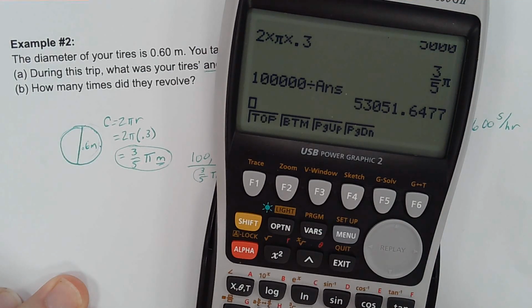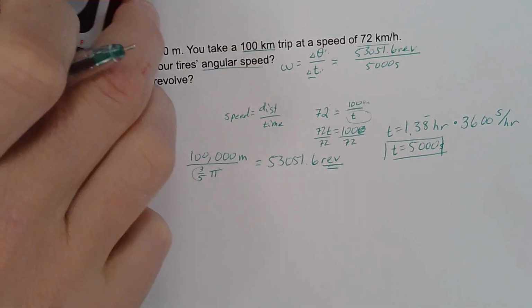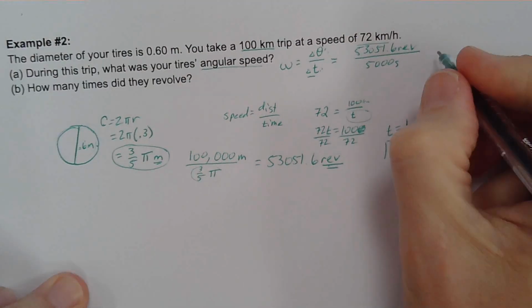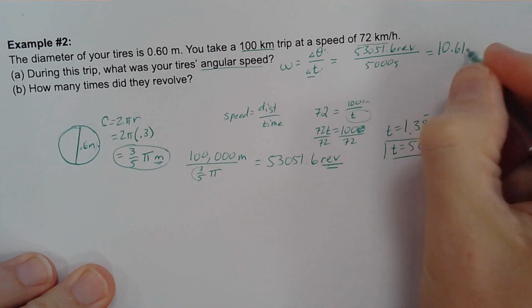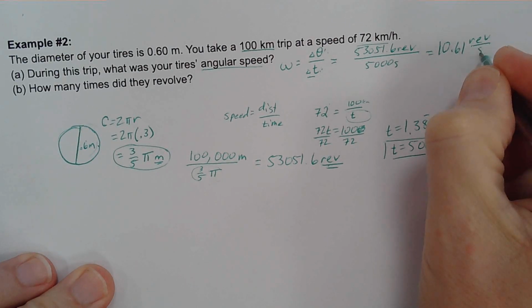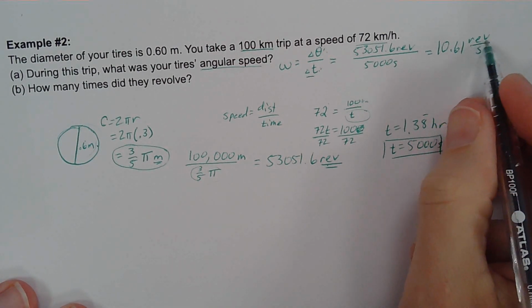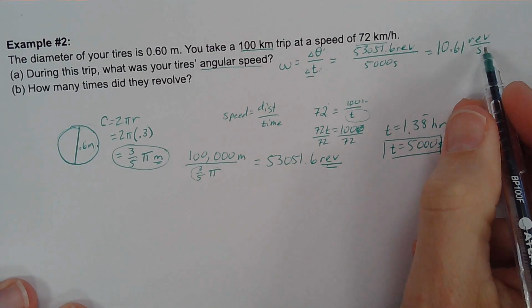So I take that, I divide by 5,000, and I get 10.61 revolutions per second. Now, if I want to put it in angular speed like radians, then I just say, well, I know that 1 revolution is 2 pi radians.